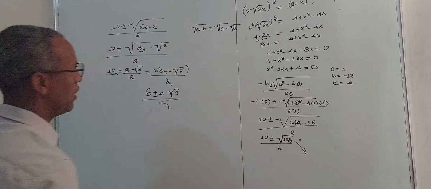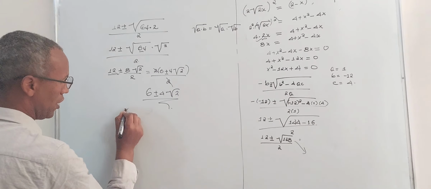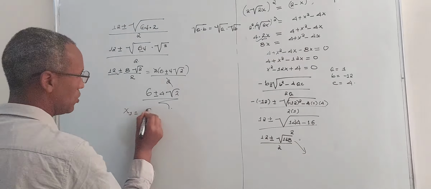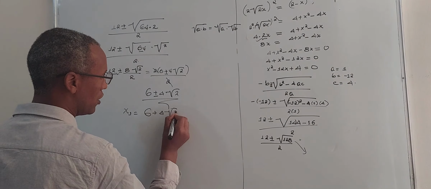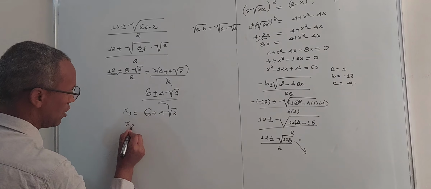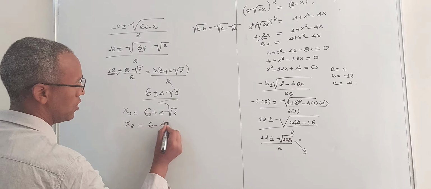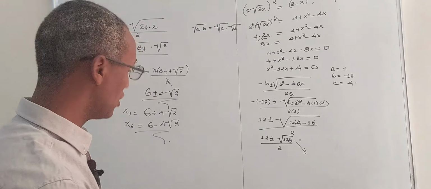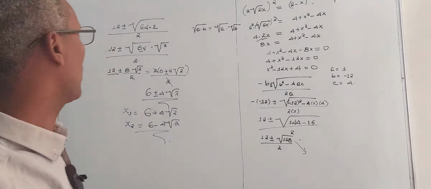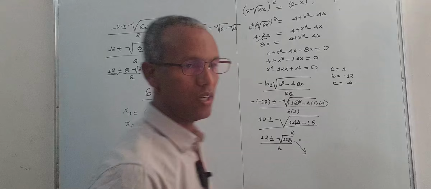That is the final answer. Meaning that the value of x1 is equal to 6 plus 4 square root of 2, and x2 is equal to 6 minus 4 square root of 2. That is the solution for our question.